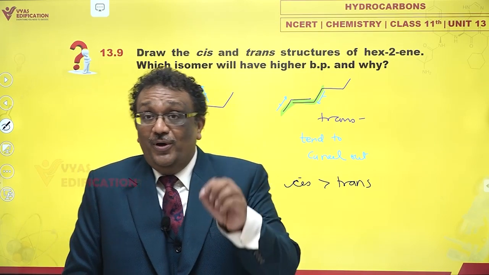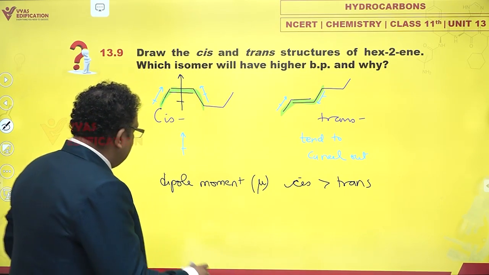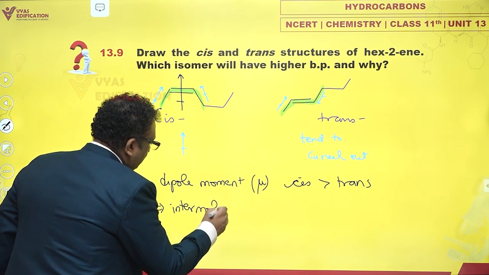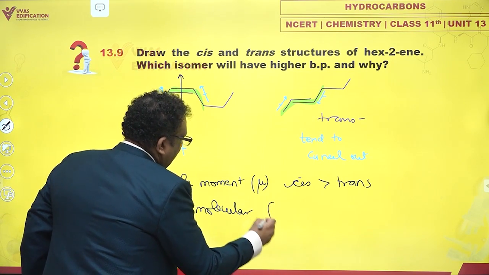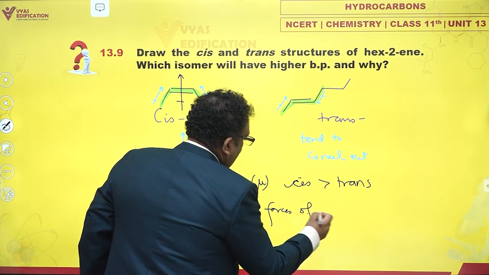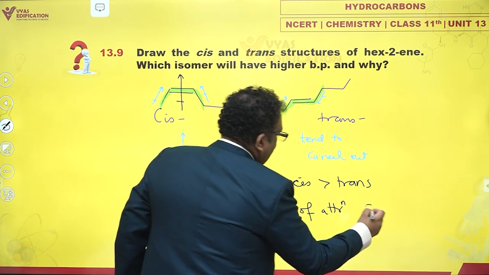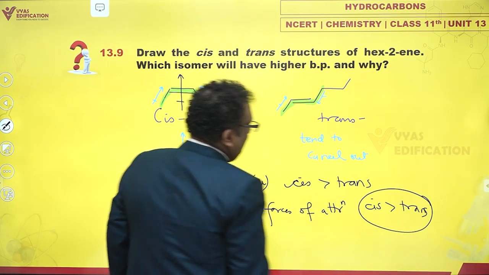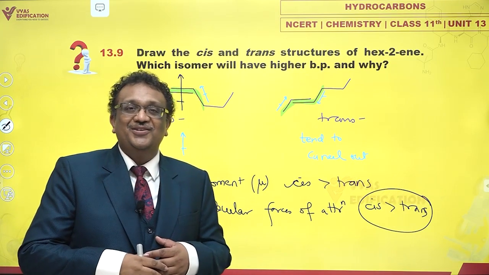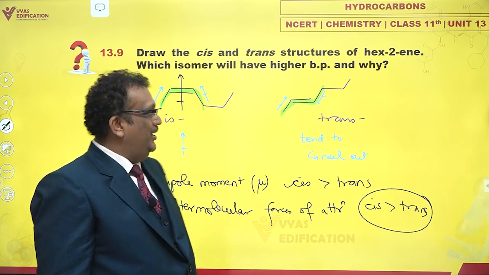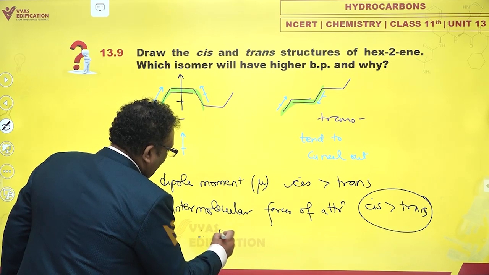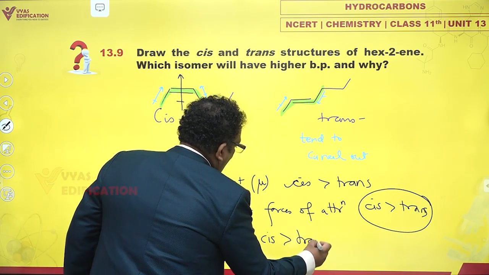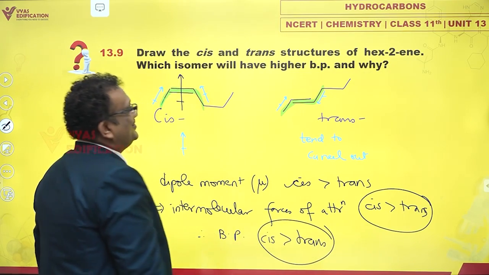If the dipole moment of cis is higher, this means intermolecular forces of attraction are higher for cis as compared to trans. And if more is the attraction, then my dears, more is the boiling point. Therefore, boiling point of cis is more than boiling point of trans.